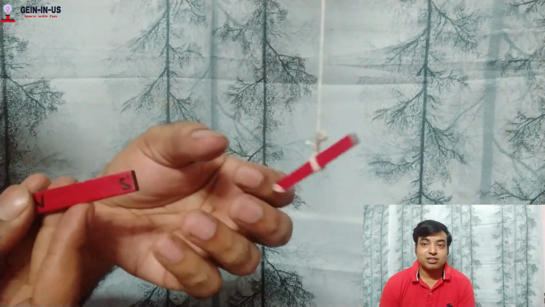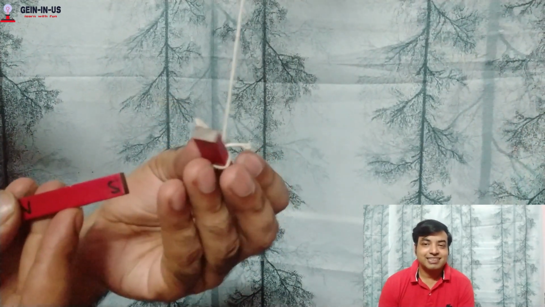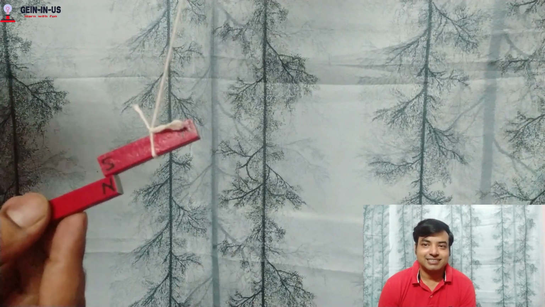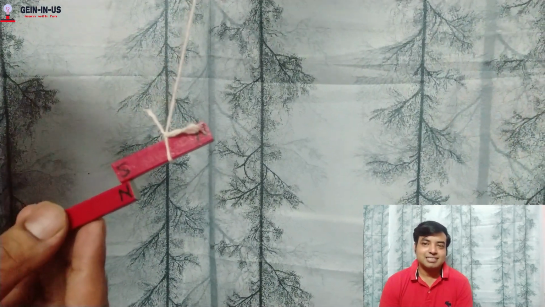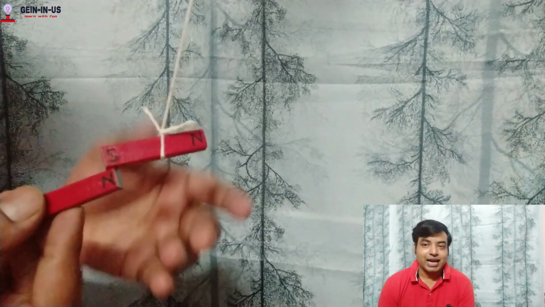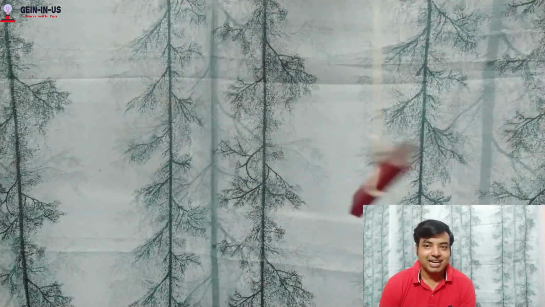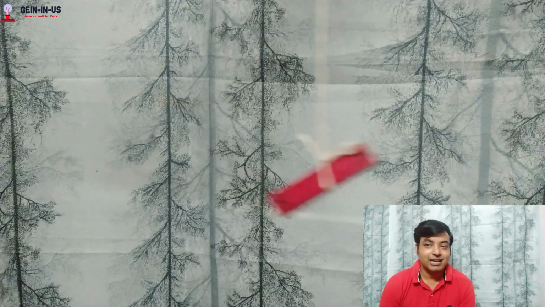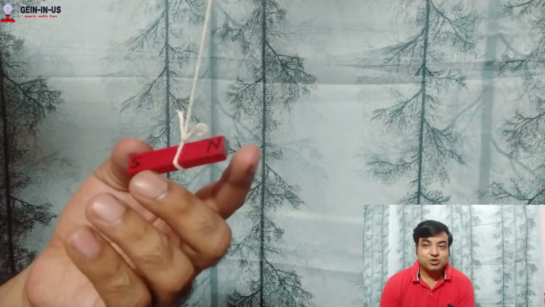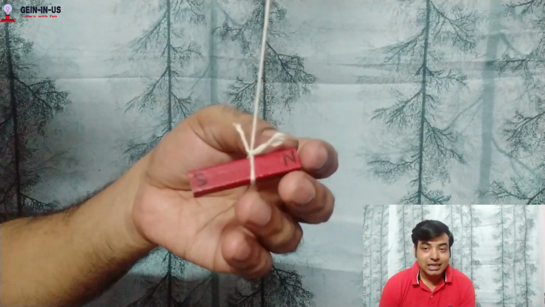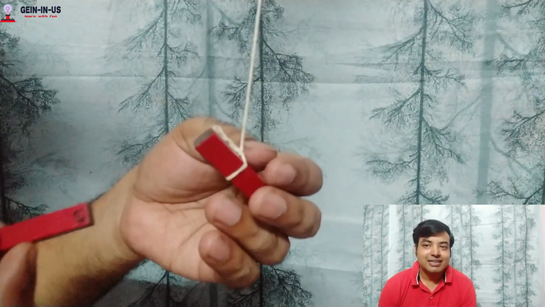But if I bring north and south together, it attracts. This shows that like poles repel each other and unlike poles attract. North and south poles are unlike poles, so they attract each other, while north and north, and south and south, are like poles, and they will repel each other.